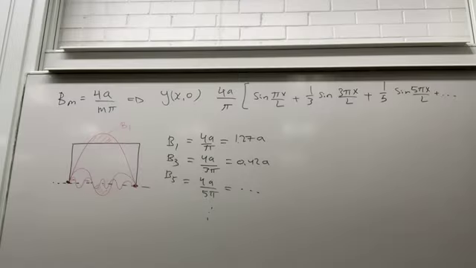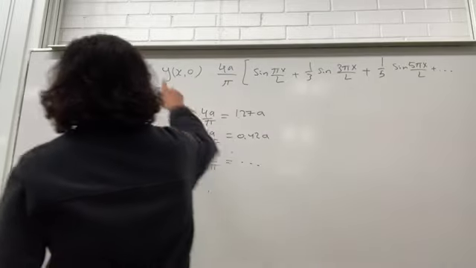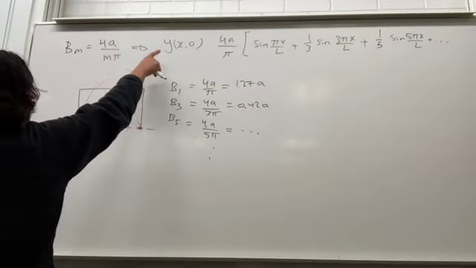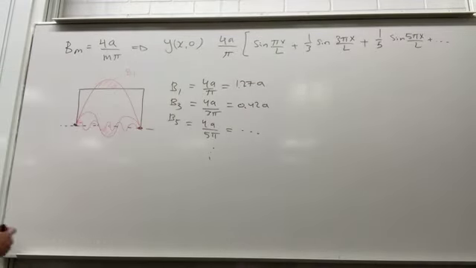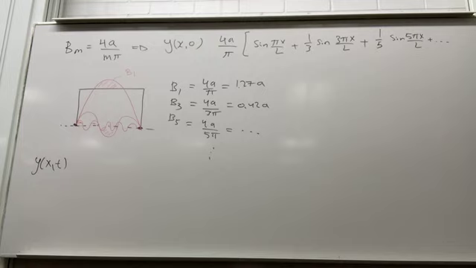What we did so far was y of x with t equals 0. So I can write y of x and t now.